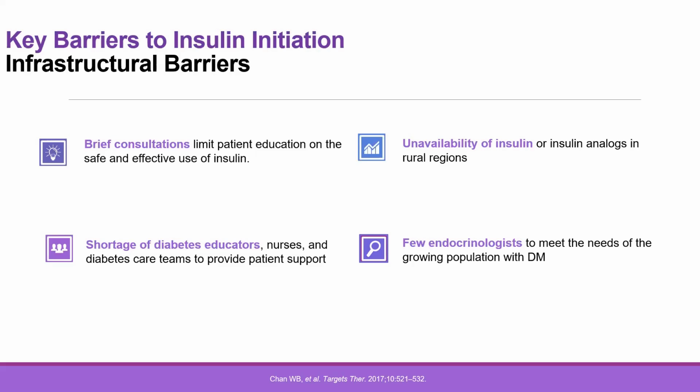Unavailability of insulin, especially in the rural region, may be an important barrier. And very importantly, we have very few endocrinologists to meet the needs of the growing population of diabetes. But I believe that diabetes should actually be treated by the physician, because it is not possible for the endocrinologist to treat the diabetic subjects in our country, where we have roughly around 77 million type 2 diabetic subjects.